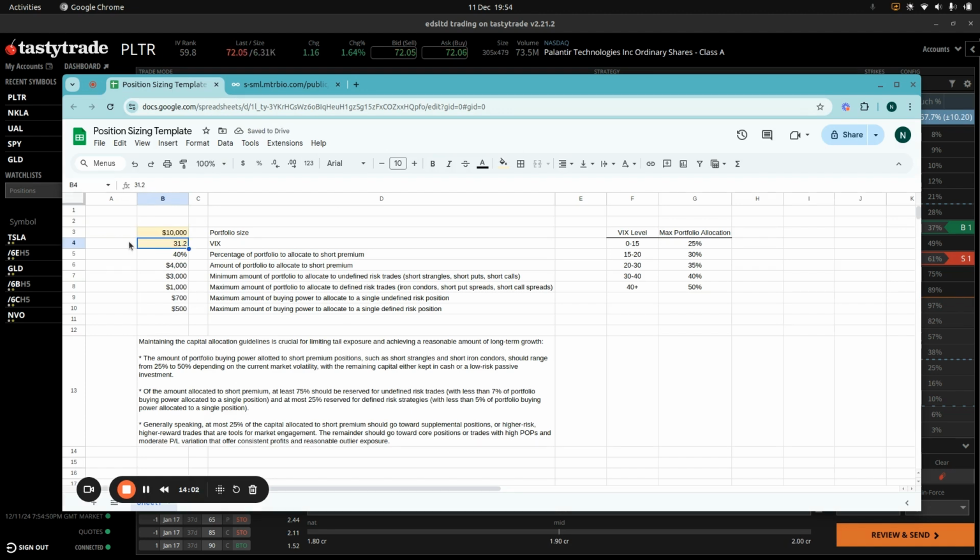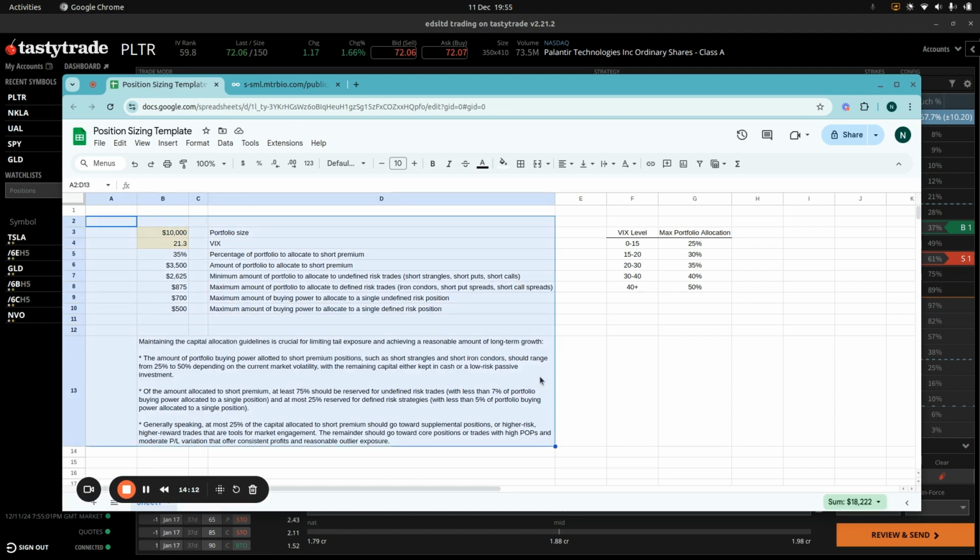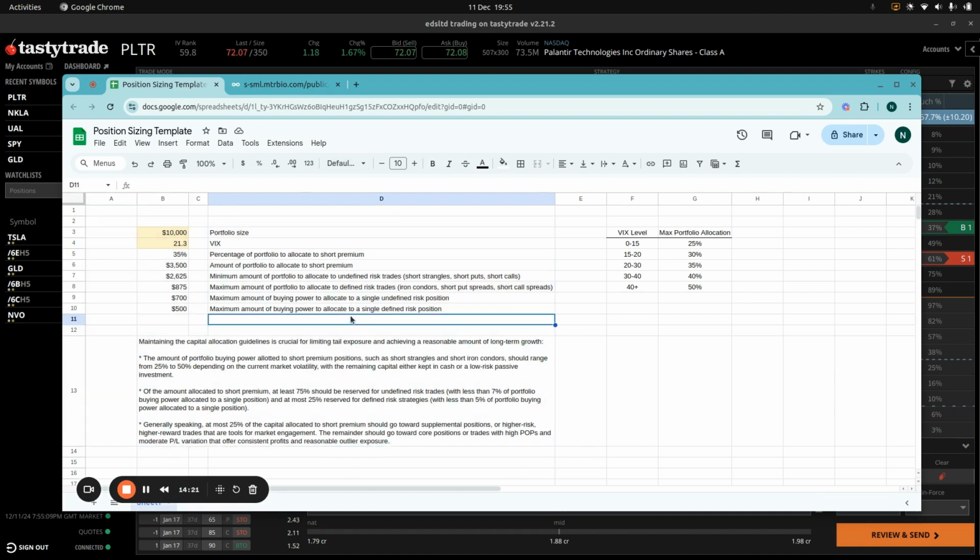And then you enter in what the current VIX level is. Let's just say if it was 21.3, it's not. I wish it was, but let's just say if it was 21.3, everything will then be automatically calculated for you. And as long as you follow this guideline and use it to form the backbone of your portfolio over the long term, you'll be absolutely fine.